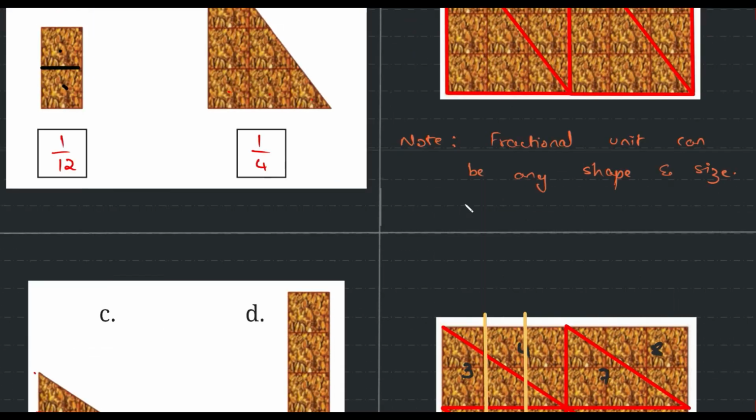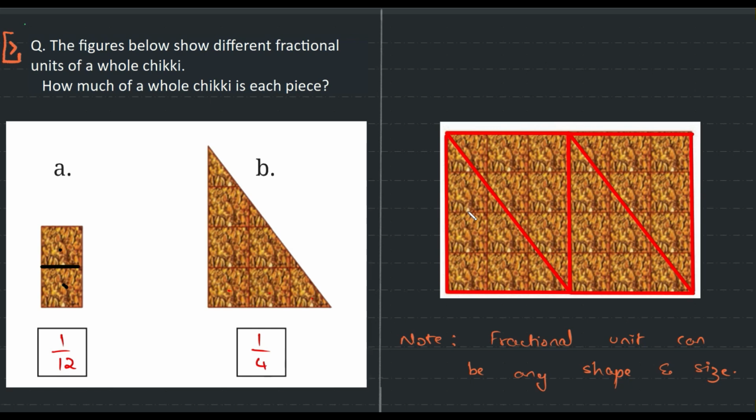Okay, so once more, we saw that if you have a situation wherein we have a unit, we have one thing, and we divide it into any number of equal parts and select a few of the items, this situation we will be able to represent using fractions: 3 by 4, 3 by 8, 5 by 7, right?